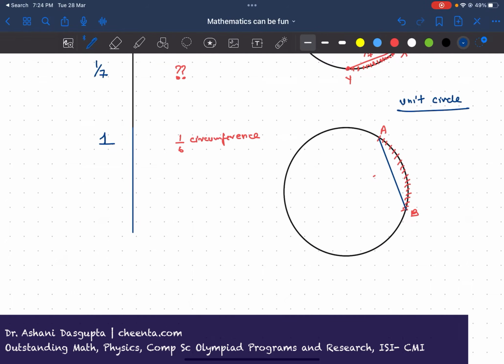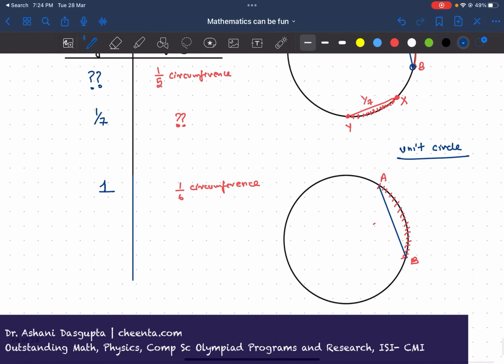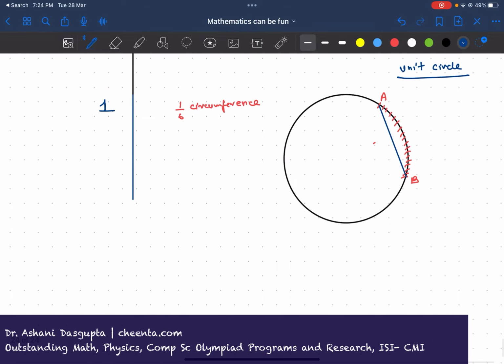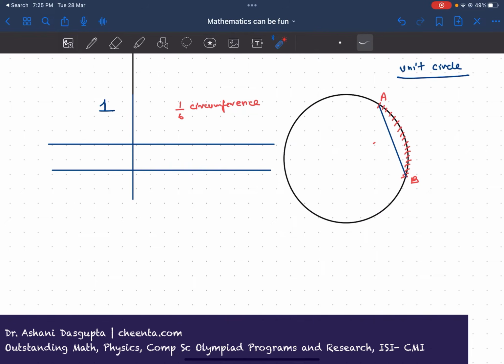Now let's derive some more values of this table of Aryabhatta. We will actually update the table a little bit. Instead of talking about the full chord and the full arc, we will talk about the half chord and the half arc. So what is the half chord?